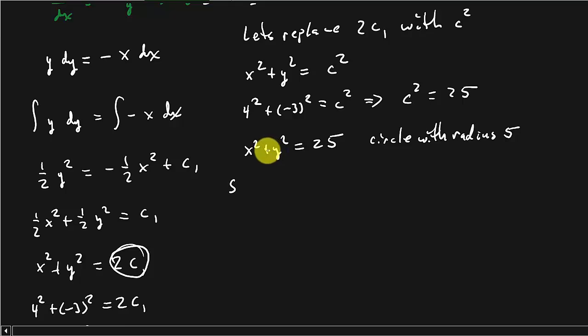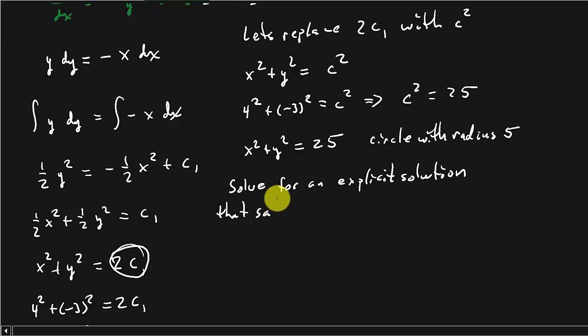This is an implicit solution. And what we want to do is solve for an explicit solution that satisfies the initial condition. Okay?